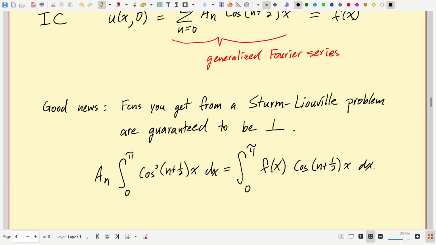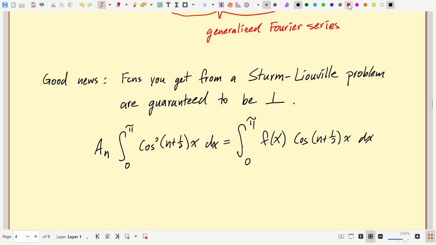And this integral is an easy thing to calculate, because cosine squared is 1/2 times 1 plus cosine of 2 times (n plus a half) x. Is that what it is? Pretty sure.